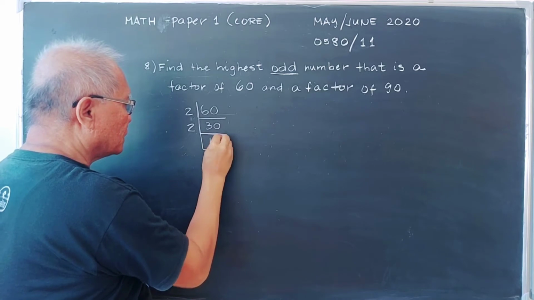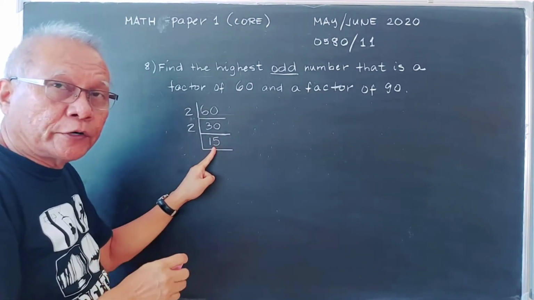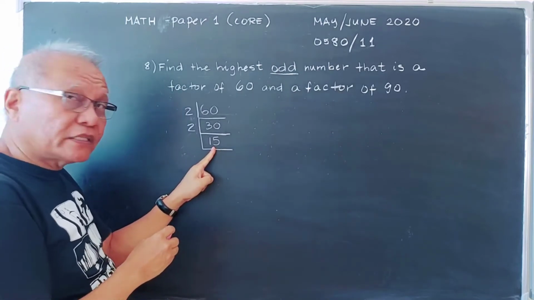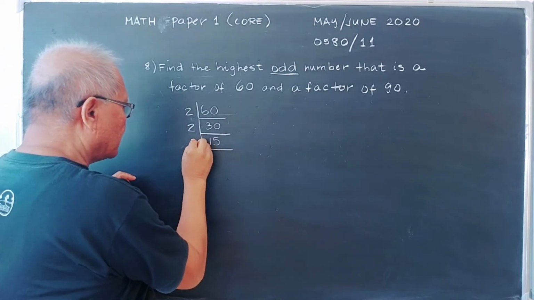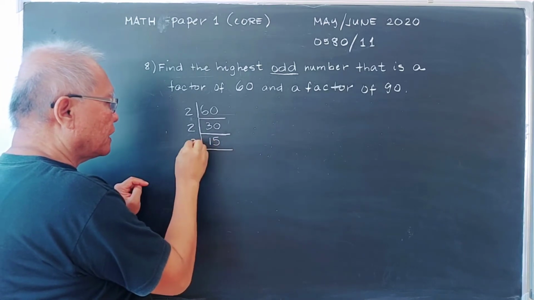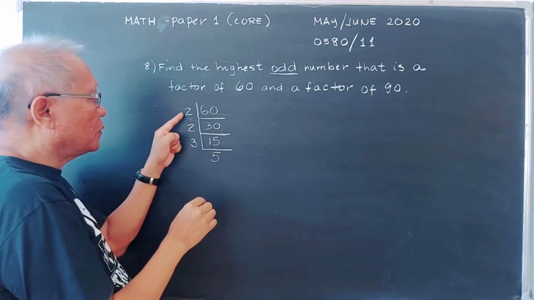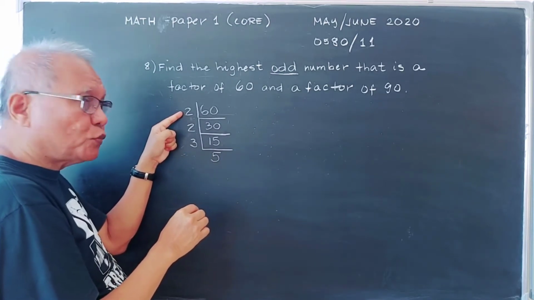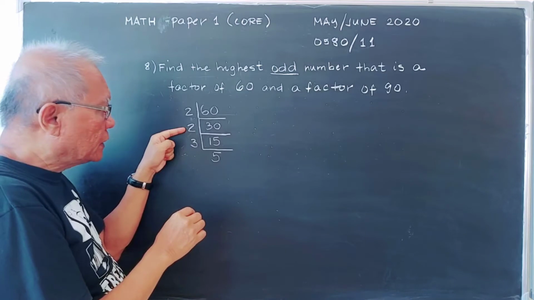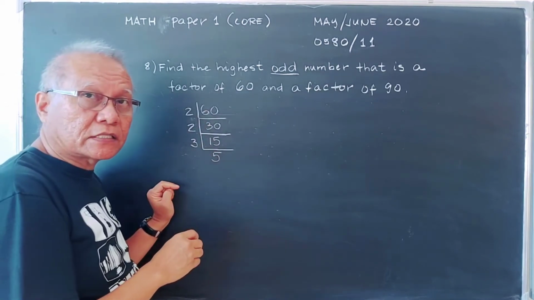Now 15 cannot be divided by 2 anymore, but we can divide it by 3. So 15 divided by 3 is 5. So we have the prime factored form of 2 squared times 3 times 5, and that is 60.